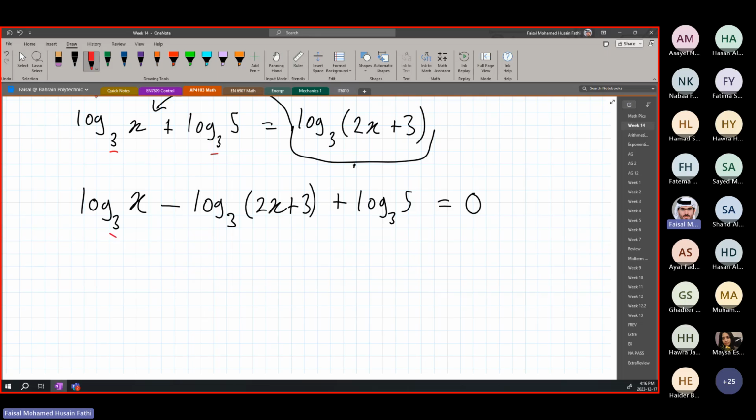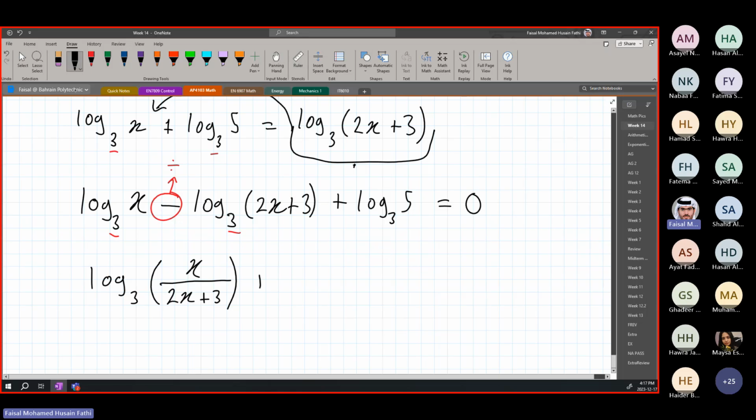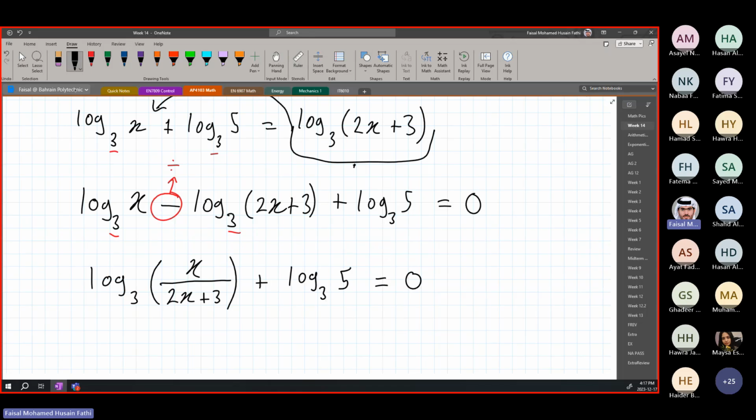Perfect. They have the same bases. We have minus. Minus will become division. All right? The minus will become division. So if we simplify this, log of 3x divided by 2x plus 3, plus log 3 of 5, is equal to 0.